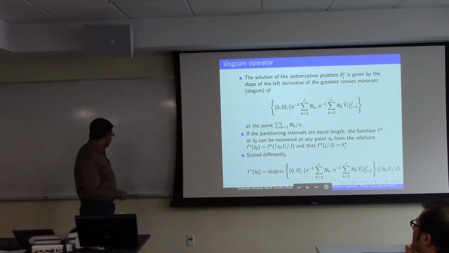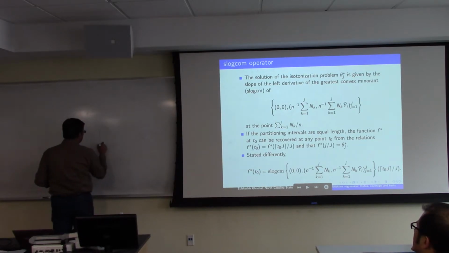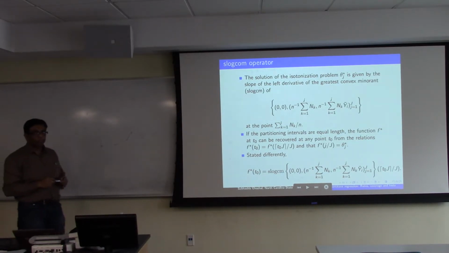Some points would be like this, starting with 0, 0, and maybe the next one is this. So you look at the greatest convex function, which would be a piecewise linear thing, right? Because you're finite. Sure. Okay, yeah. So then the slopes of this give the solution of this problem.